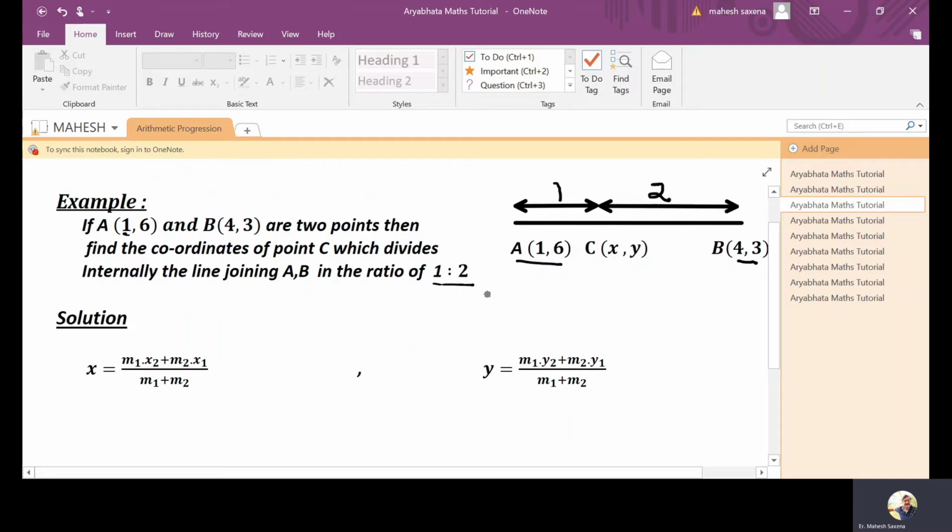We already know that the coordinate of C can be found by the formula x is equal to m1 x2 plus m2 x1 upon m1 plus m2.